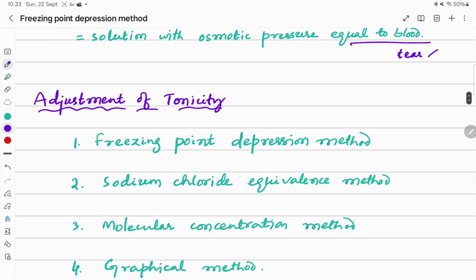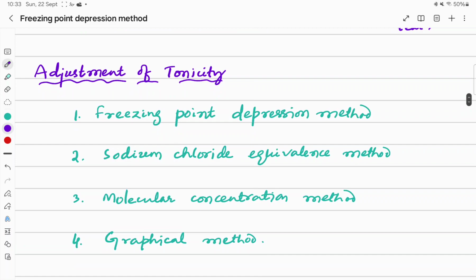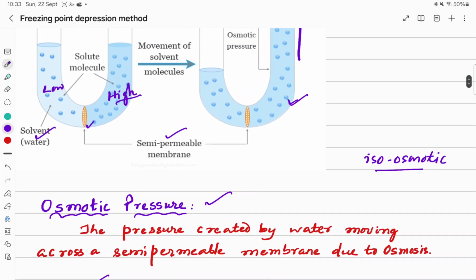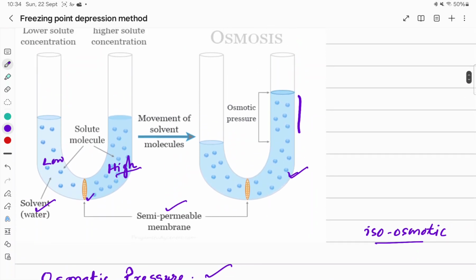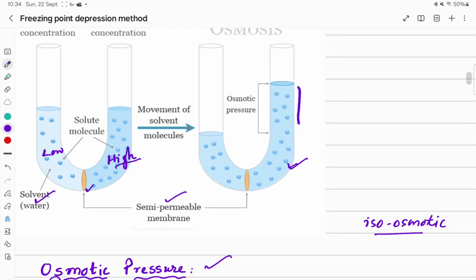And the tonicity can be adjusted, because otherwise it will be either hypertonic or hypotonic, and what will happen, there will be movement of the solvent either from the cells or into the cells, into the blood cells.